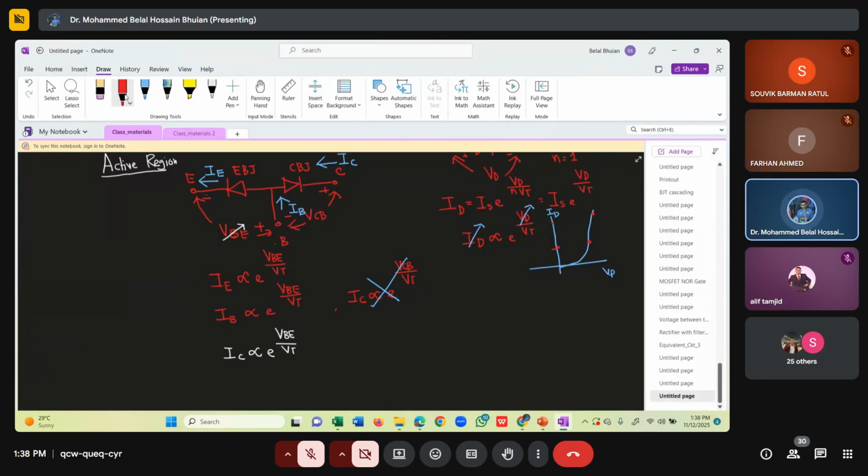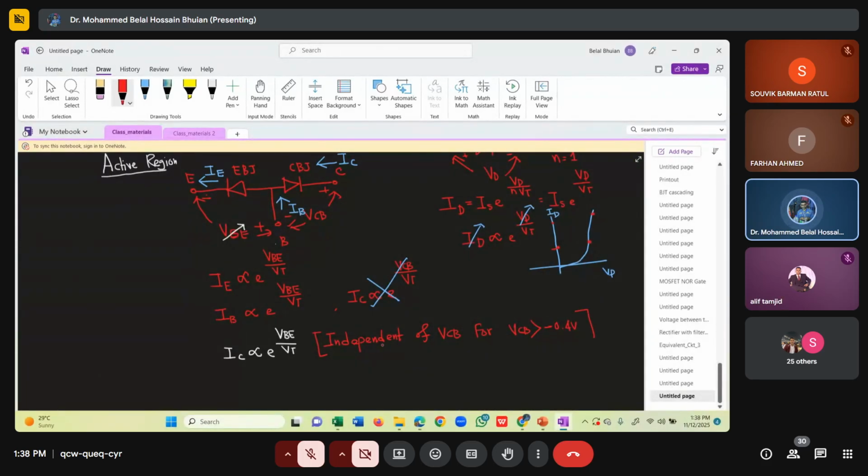Not only does it depend on VBE, it is independent of VCB for VCB greater than minus 0.4 volt.